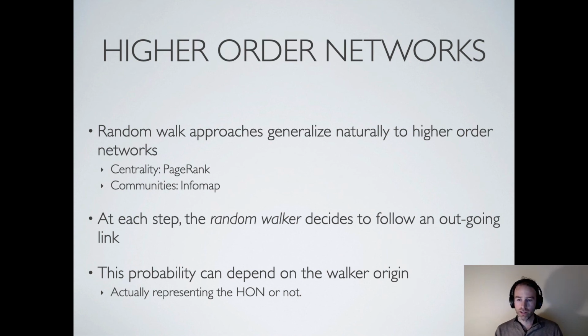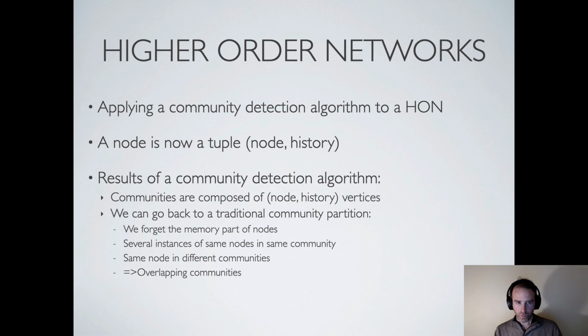But in other cases, you can represent it as a higher order network, really having nodes corresponding to a node and an origin. So in this case, a node is now a tuple, actually, node and history. And then you can apply any normal algorithm, like for instance, community detection on this new higher order network. And you observe that the communities are composed of node-history vertices.